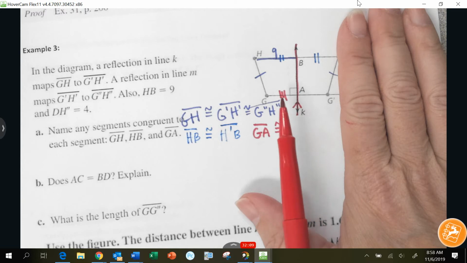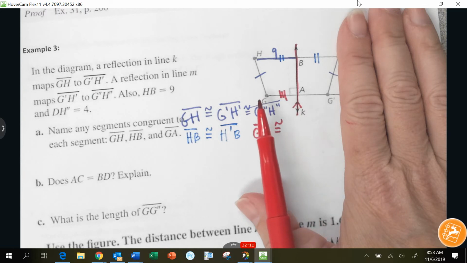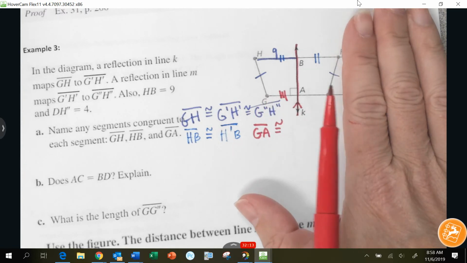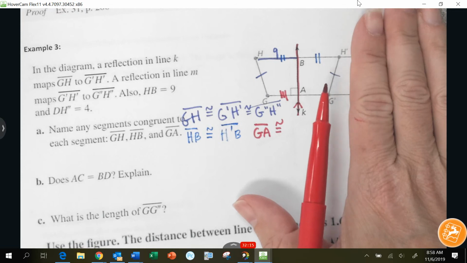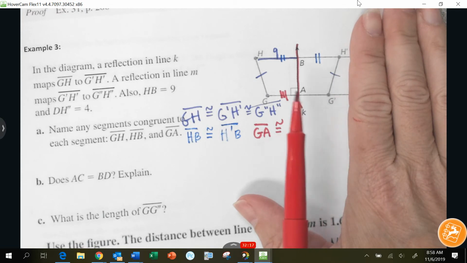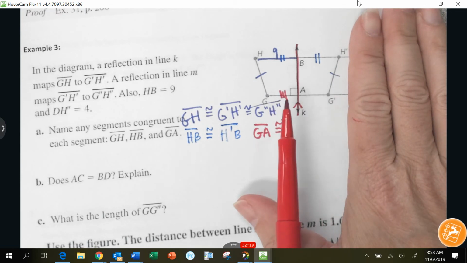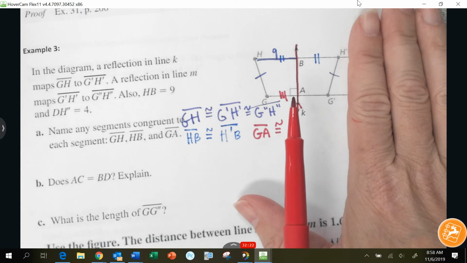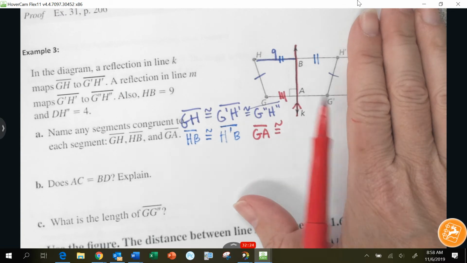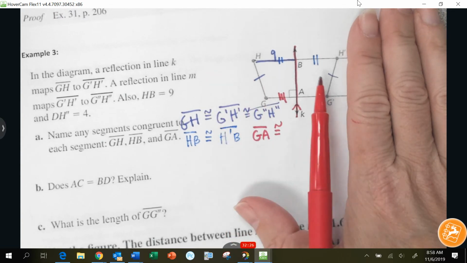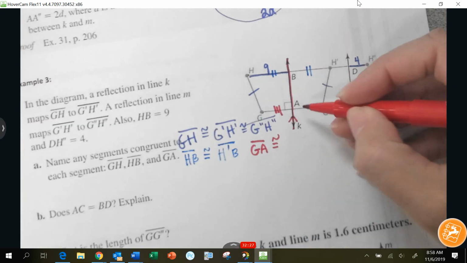It's a reflection. We're starting at HG and we're reflecting over this line and getting to H prime, G prime. So Denise, what is congruent to GA? G prime A, because it's just a reflection of this figure. So these will be congruent.